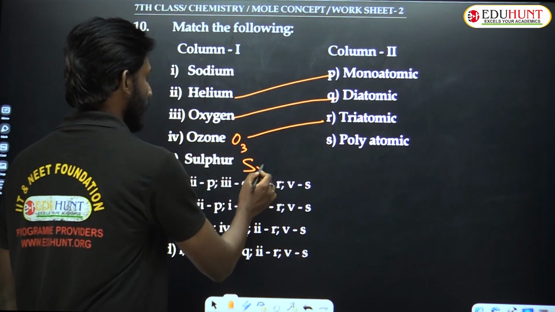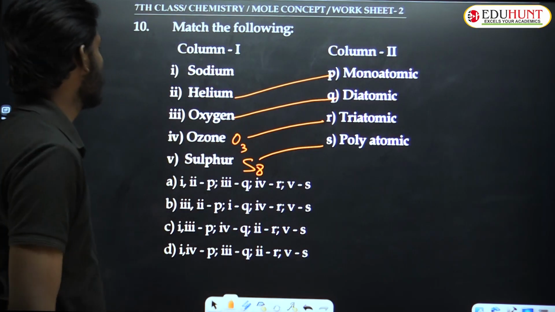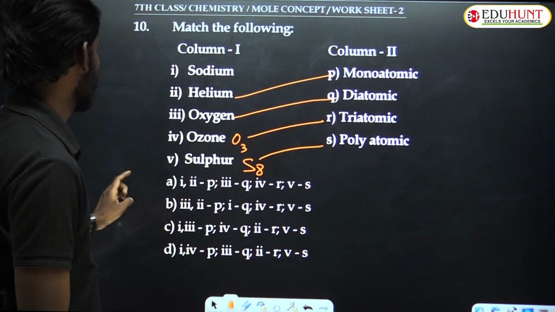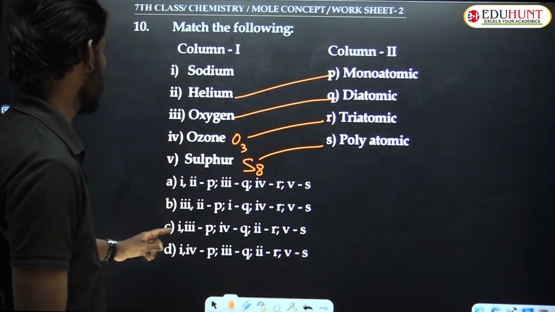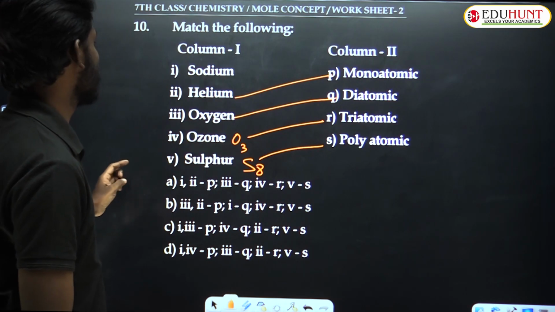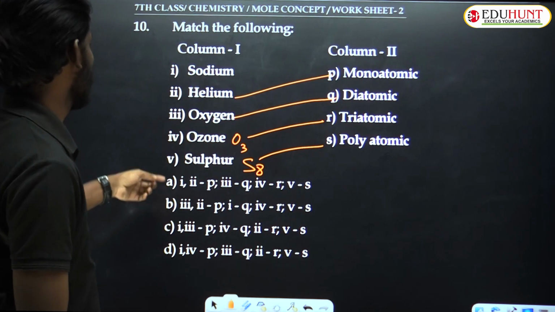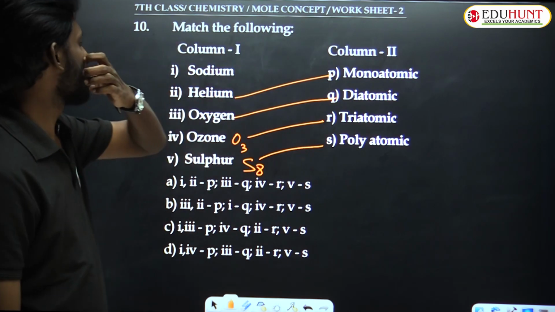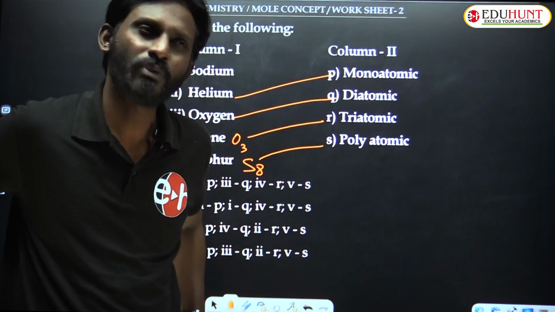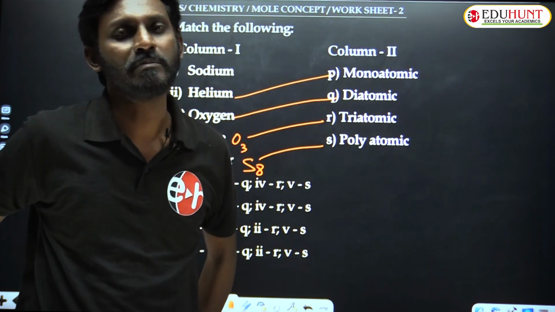Sulfur, S8, you can take it as polyatomic. So sodium also monoatomic? It is not correct to say sodium is monoatomic because it is metallic.